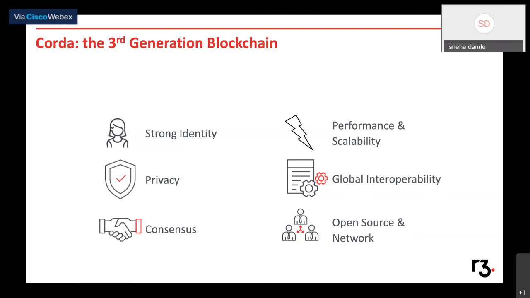In Corda, consensus can be achieved at a node level, and is not required at a network level. Because consensus is at a node level and data is shared only on a need to know basis, finality is instantaneous, and you do not have to wait for certain confirmations, as we have to in the public blockchains.